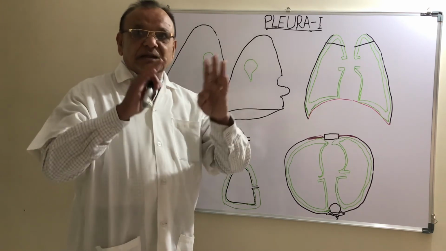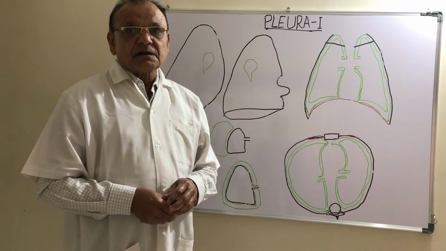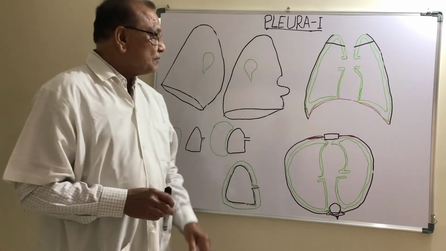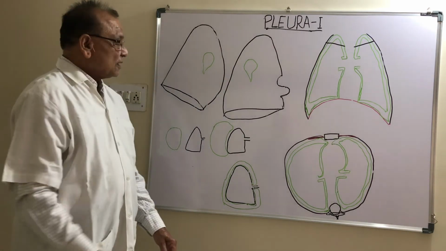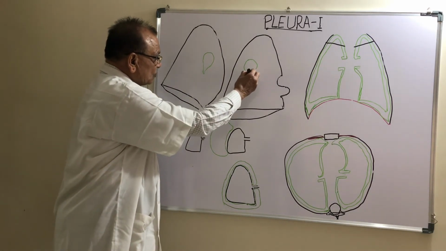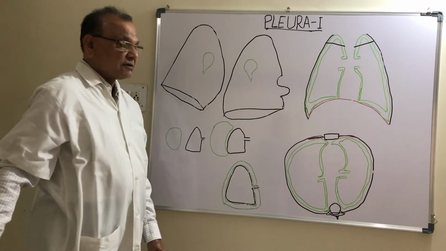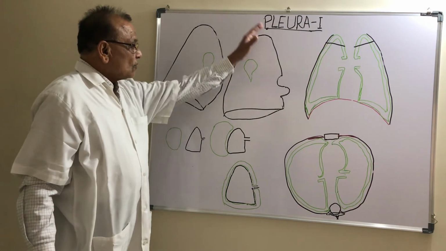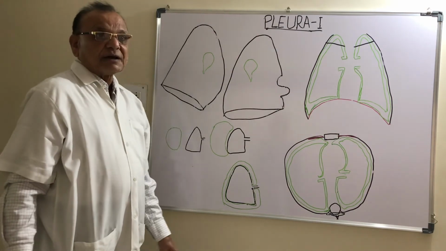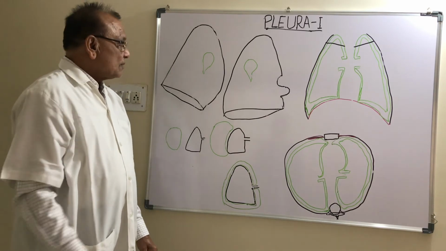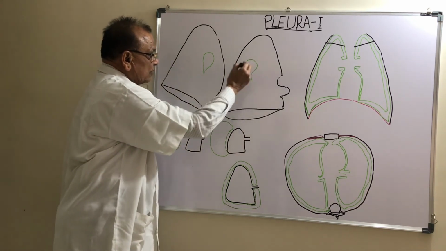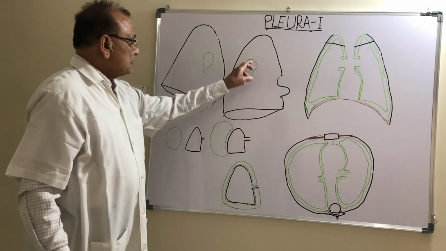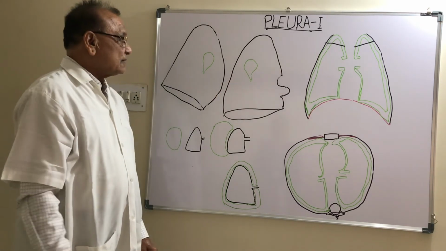It completely covers the lung, except the hilum of the lung and the part of the lung lying between the two layers of the pulmonary ligament.